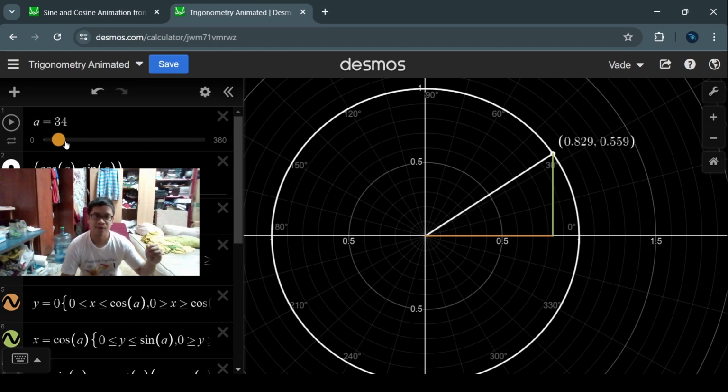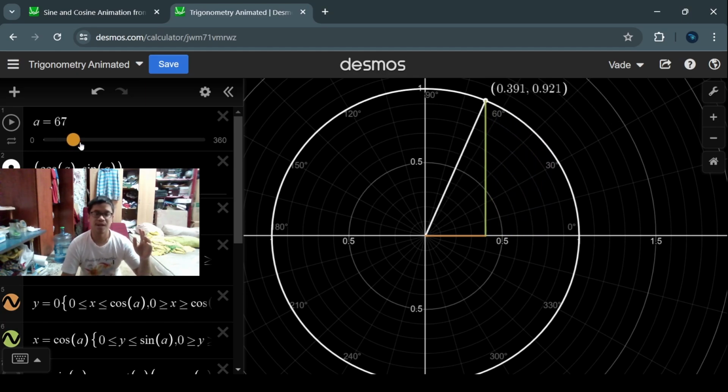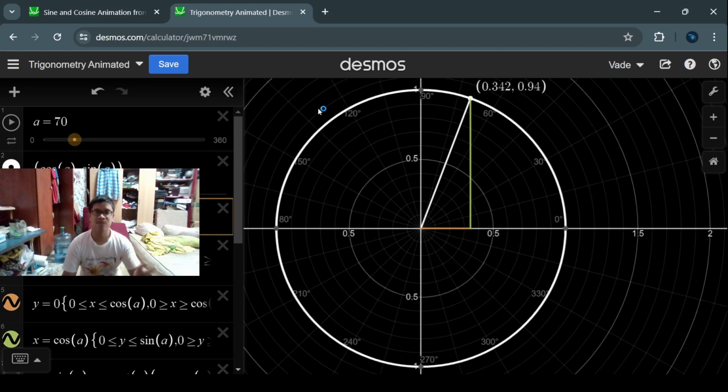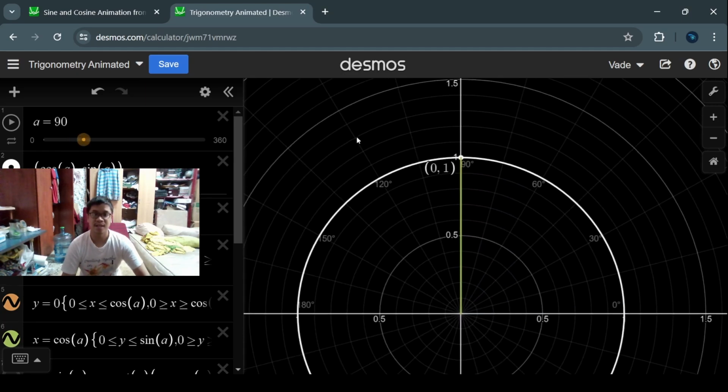Now, what happens if we go further as it approaches 90 degrees? As it approaches 90 degrees, if you take a look, the x value decreases. The base of the right triangle decreases, while the vertical, the green part, increases, as if it almost approaches 1, which at 90 degrees, it did.